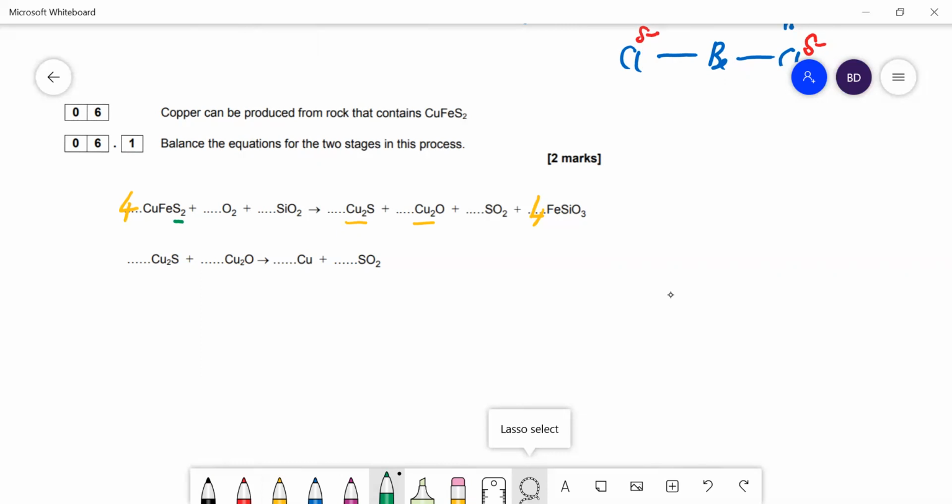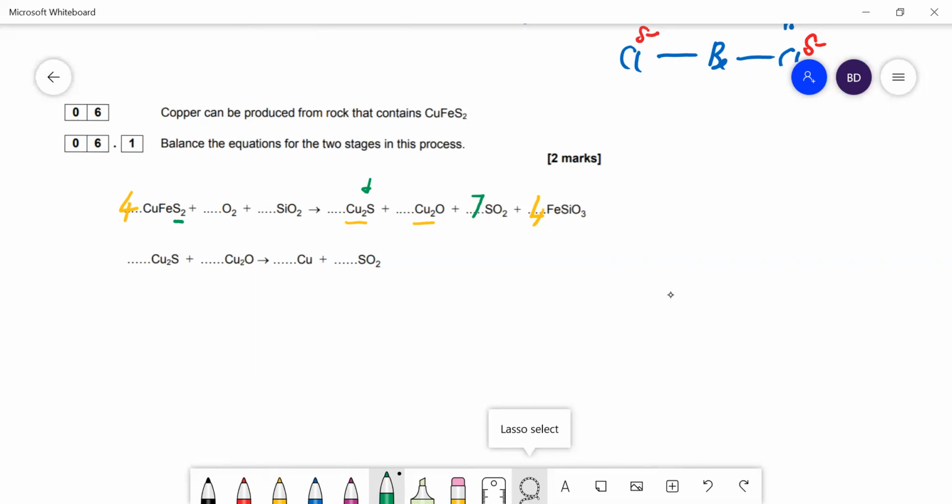Right, now we've got 1 sulfur there. So that means we are going to have, let me see. So we've got 8 sulfurs, so we're going to have 7 sulfurs there.